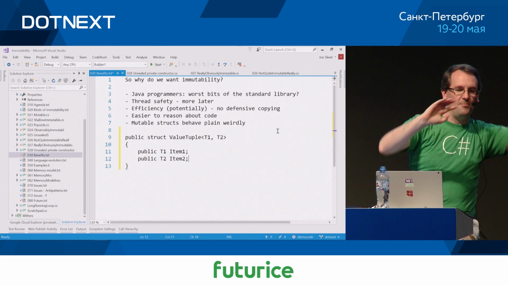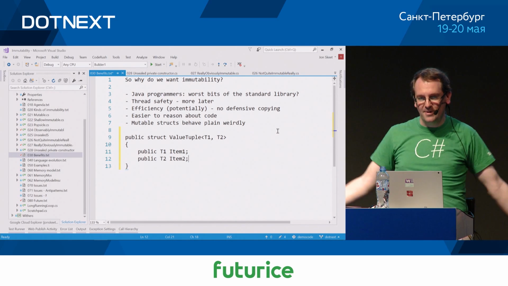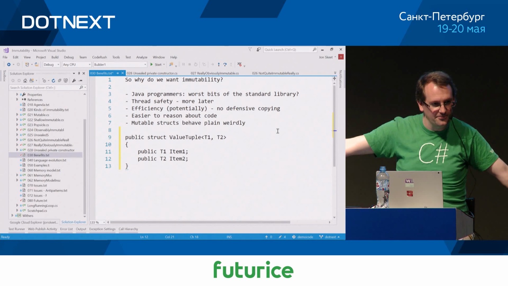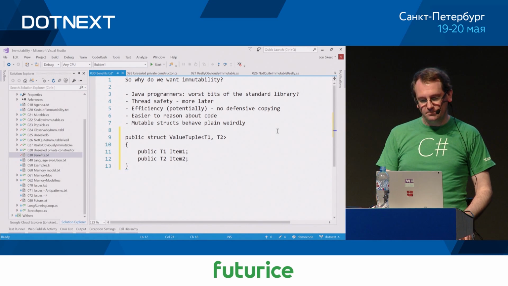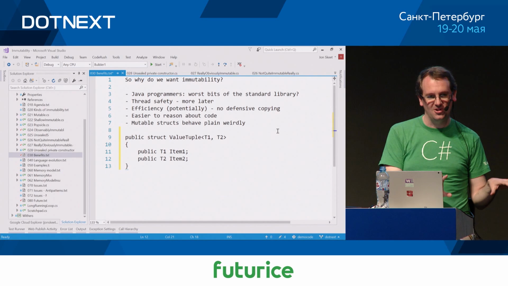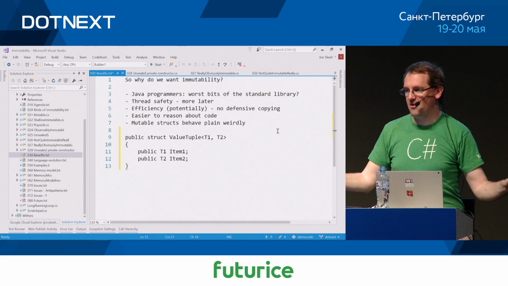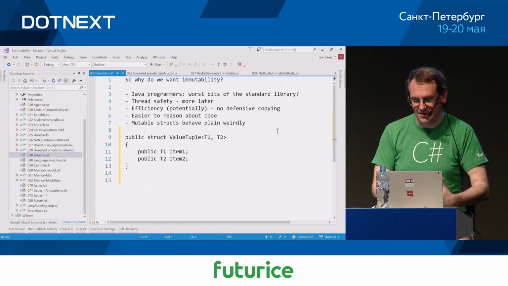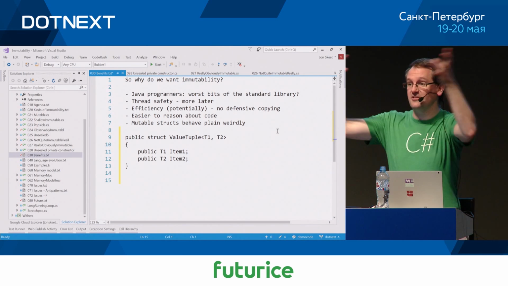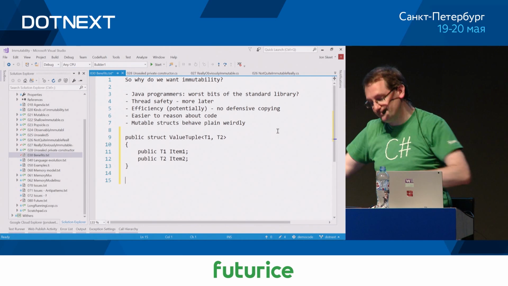It's got a load more members and stuff, but it has public mutable fields. This scared the heck out of me when I first saw it. The way to think about value tuple is it's just a bag of variables. Certainly when you have a variable, it's a bag of variables. If you're passing it as a value, it's a bag of values.